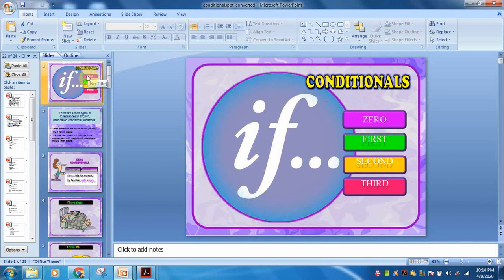Now, before we delve deeper into it, let us understand that there are 4 types of conditional sentences. What are these? Zero condition, first condition, second condition, and third condition. Correct? Now, apparently these confuse us a lot and we use them a lot, and in general, people do not clearly know what the difference is.